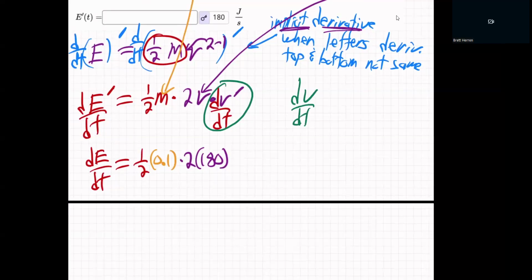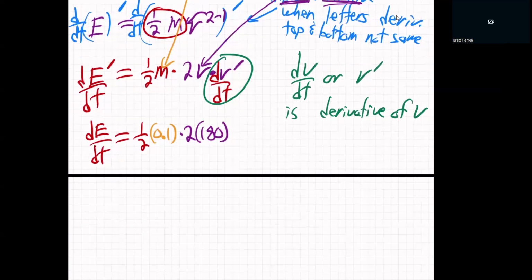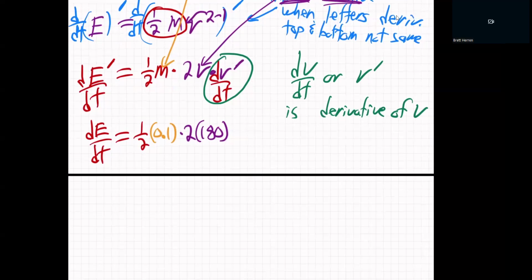dv/dt, or v prime, however you want to say it, is the derivative of velocity. Now, you might say, yeah, I got that. Remember earlier in the course when we had s, which is the position of some object, v, which is the velocity of the object, and a, which is the acceleration of the object.